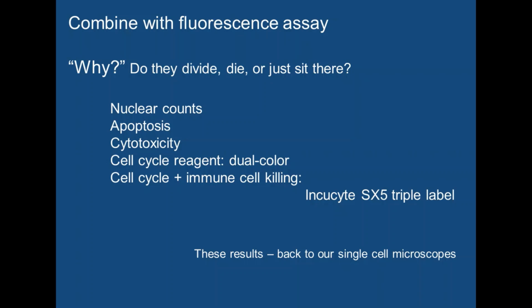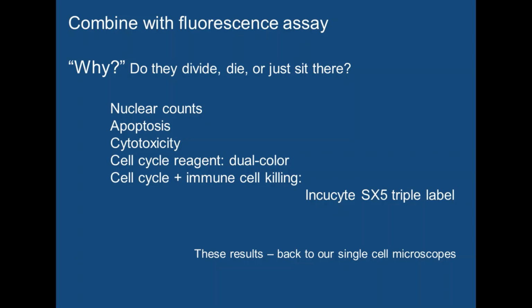We're particularly excited about the new cell cycle reagents, the dual color cell cycle reagents that were mentioned in the last talk, and combining those with immune cell killing, particularly with the new instrument that Sartorius is bringing out, the SX5, and their ability to do triple fluorescent labeling.